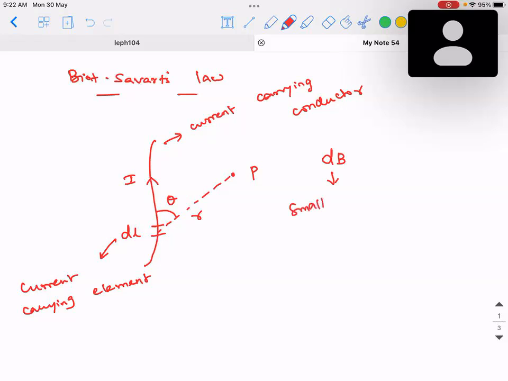So dB is called the small magnetic field due to the current carrying element.